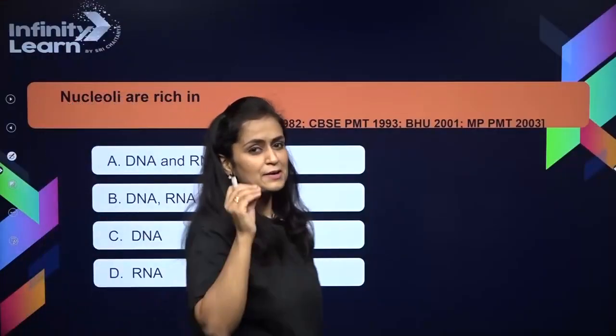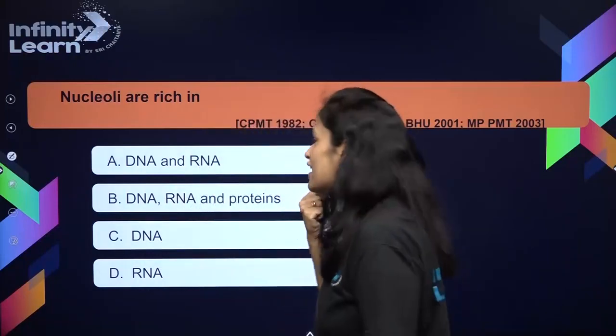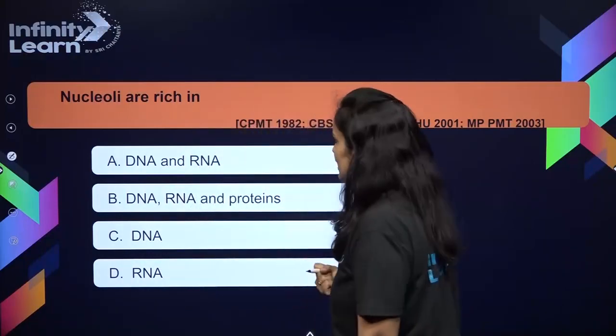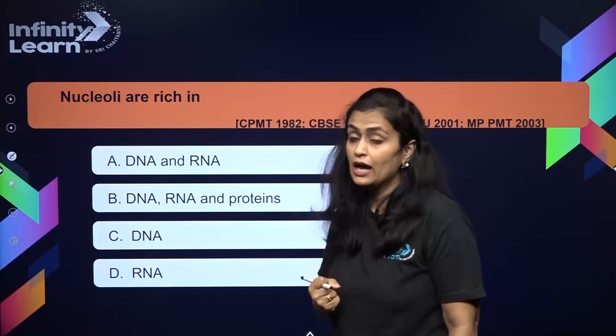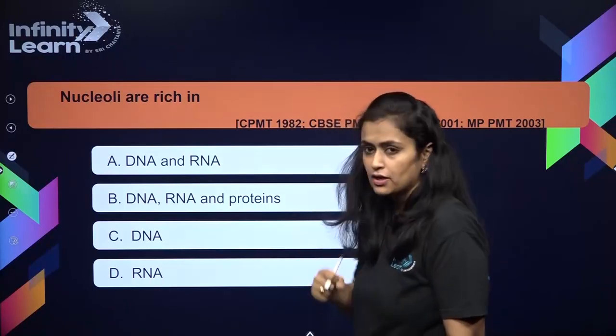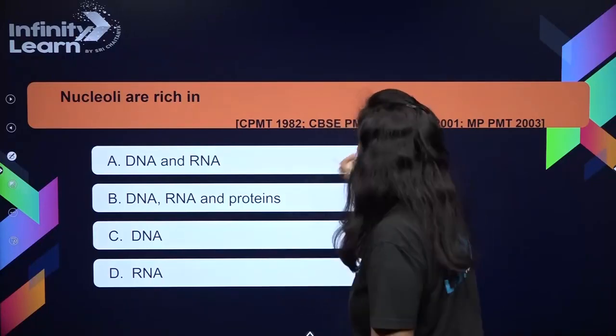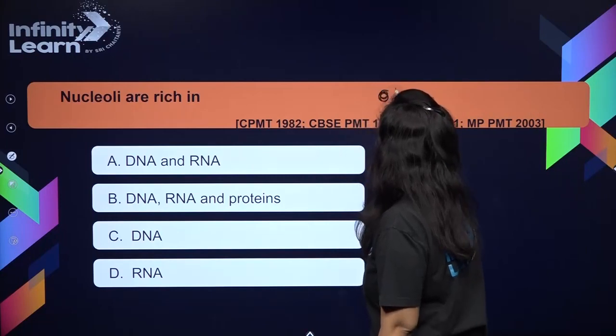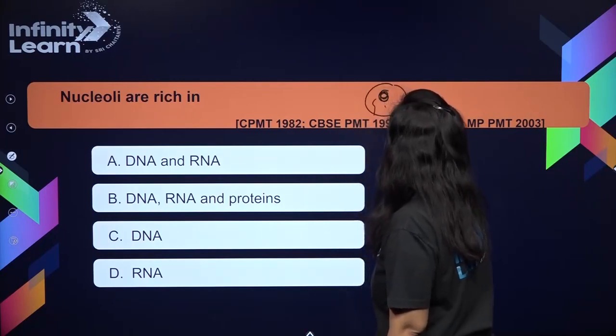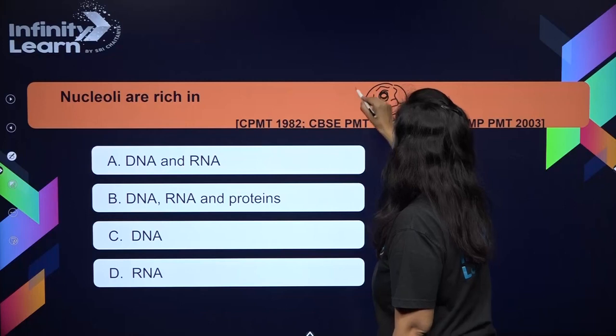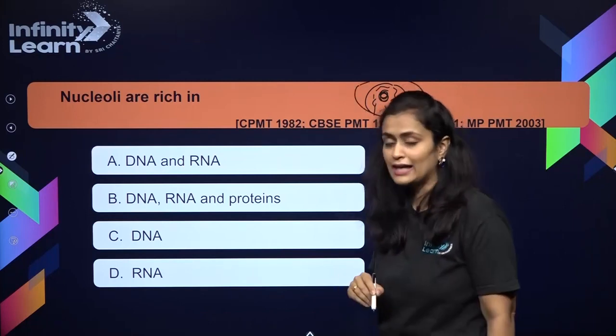Now guys, my 9th graders, let's take up a challenge and see what nucleoli are rich in. Nucleoli. Remember that dense body inside the nucleus with the chromatin, and it is inside the cell. Right?